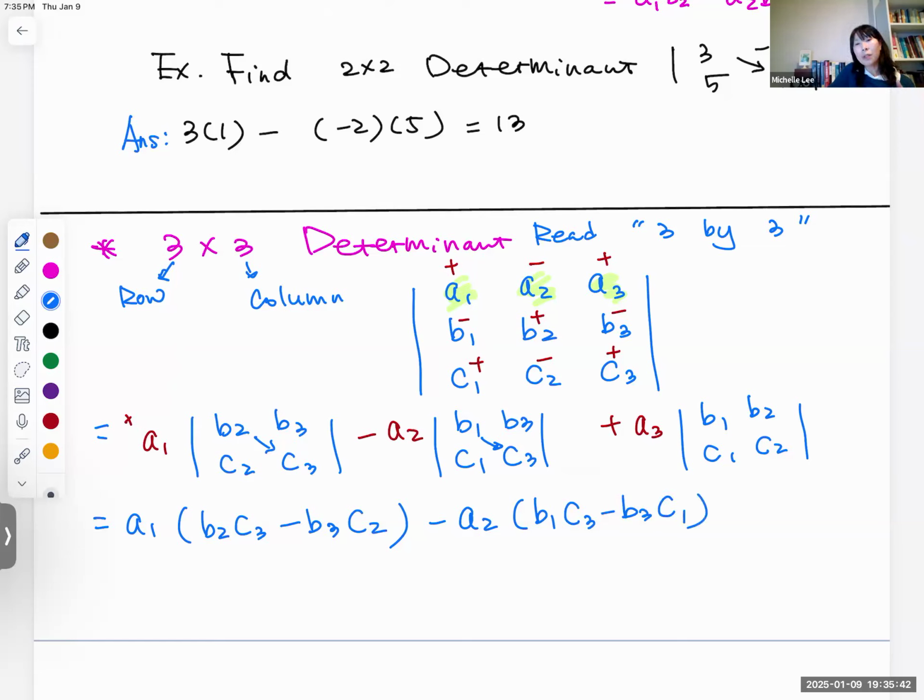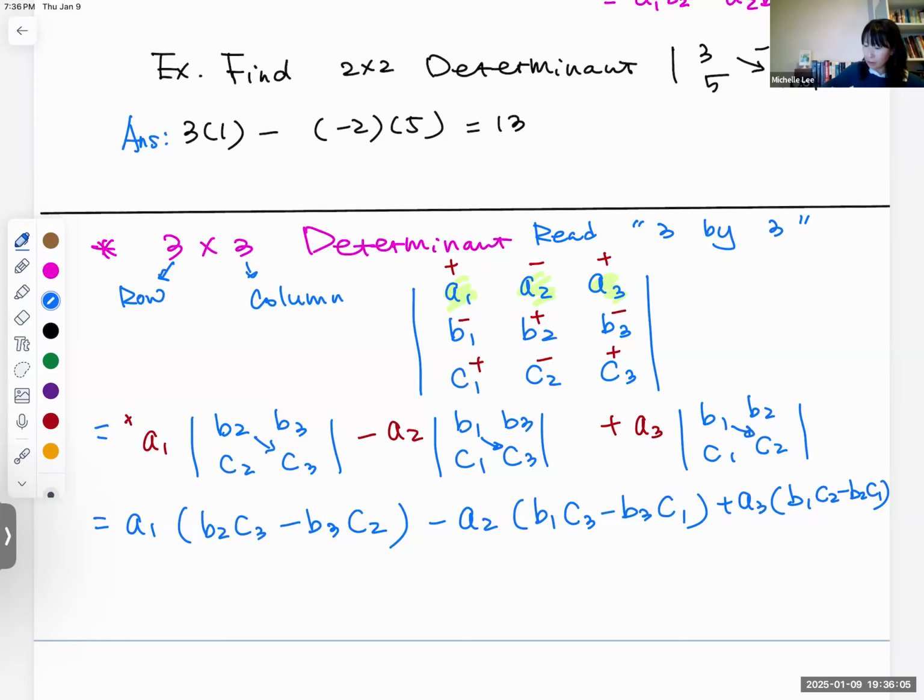If you get confused about which one to multiply first, I am right-handed, so this one first, diagonally with the right hand. Then plus a sub 3 times b sub 1, c sub 2 minus b sub 2, c sub 1.